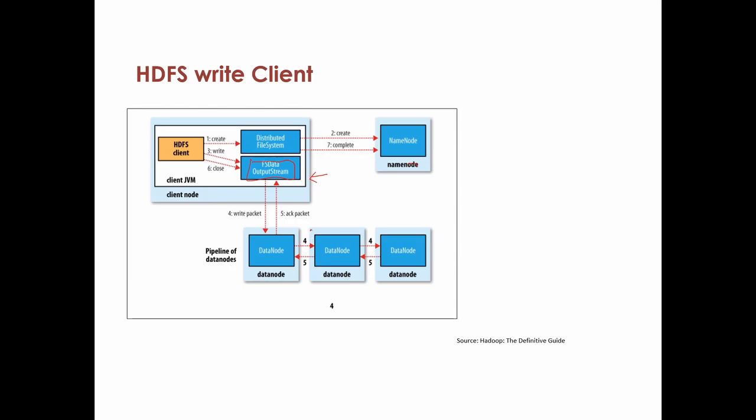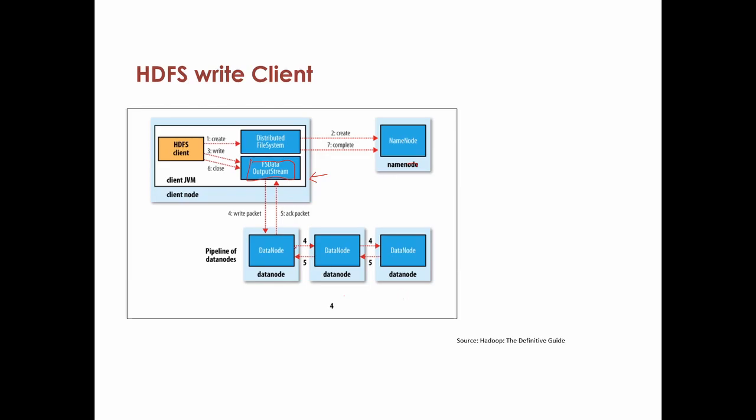The client doesn't write all the 3 blocks. This writing of 3 blocks is called a pipeline, and typically the second block is written onto the same rack, but the third block is written onto a different rack.